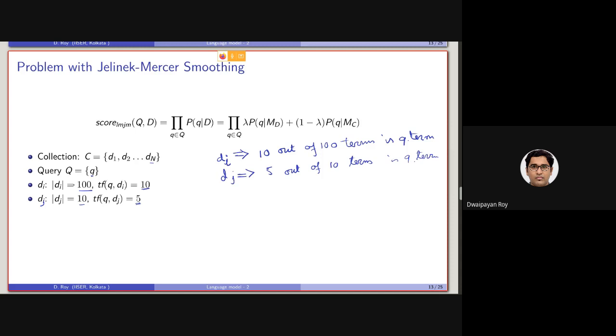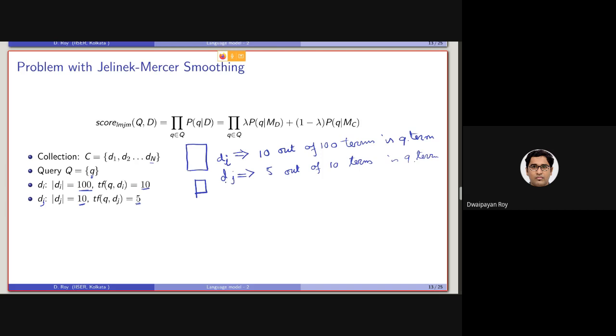So there is a single term query. The single term query is occurring 10 times in a 100 sized document, and the query term is occurring 5 times in a 10 sized document. So we can understand that DI is much more informative overall as compared to DJ, which is relatively small in size.